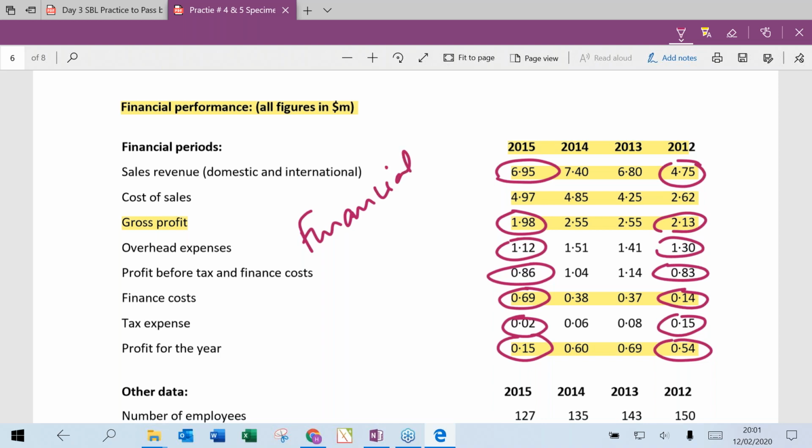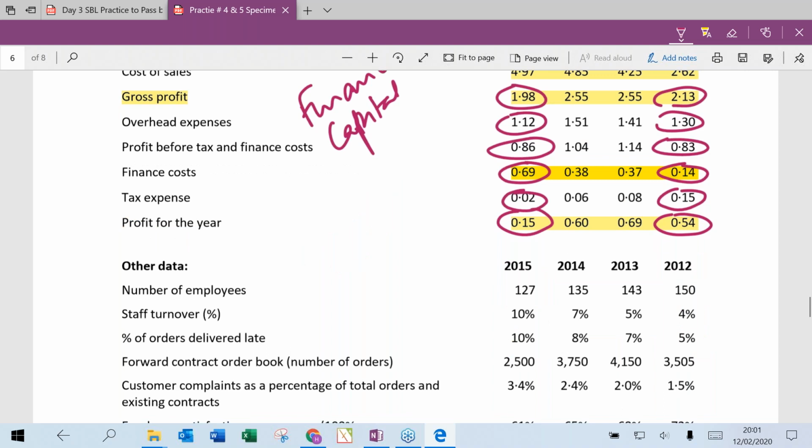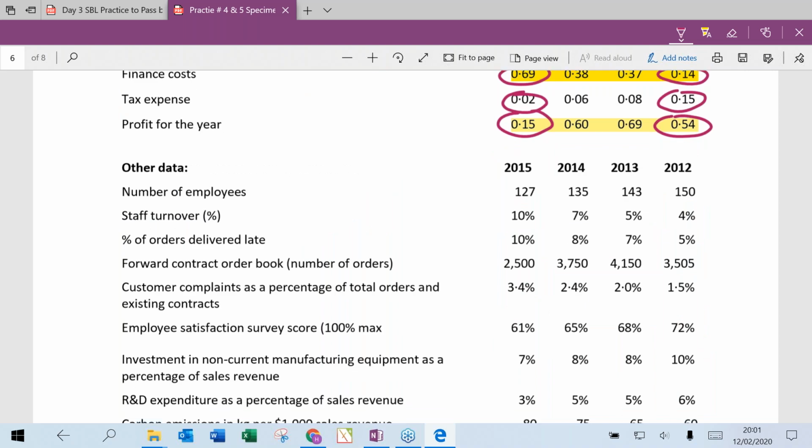What about gearing? It's not mentioned here somewhere. And then other data. Number of employees. What's happening with that? This one has gone down. Staff turnover, 4%, and it's increased gradually, and now it is 10%.